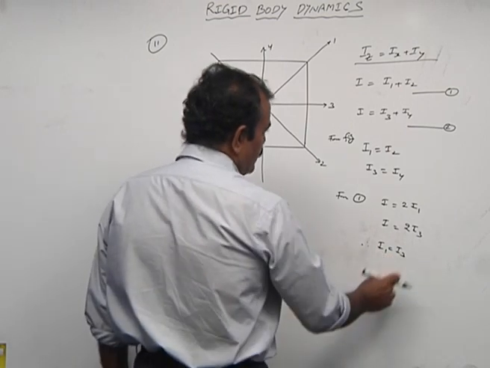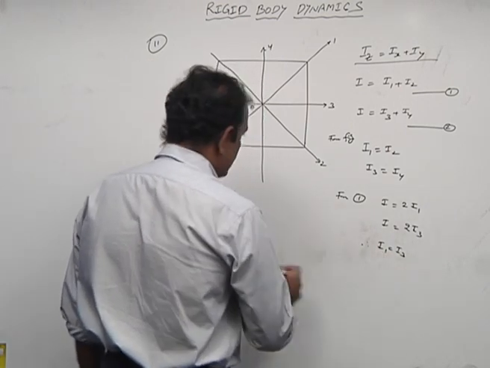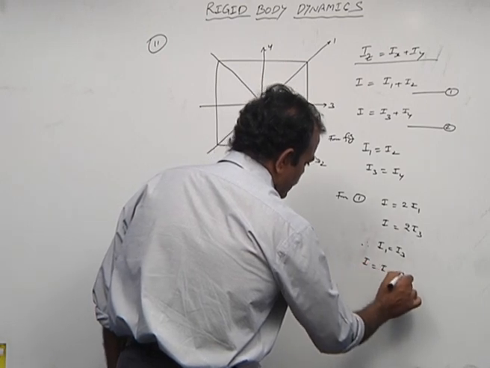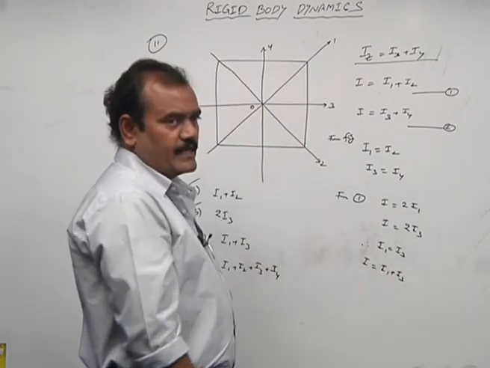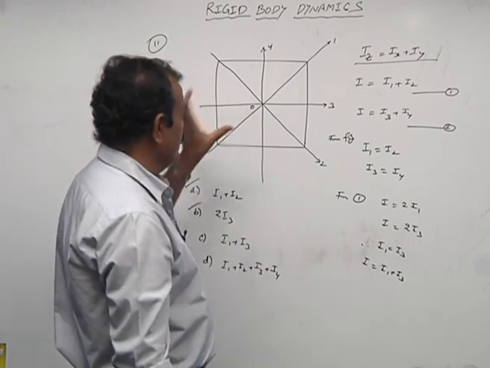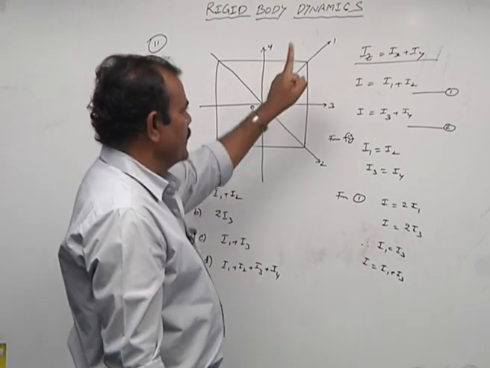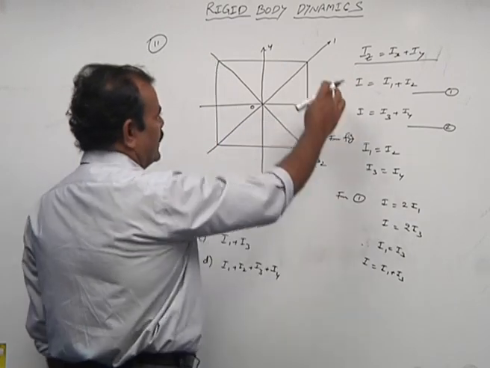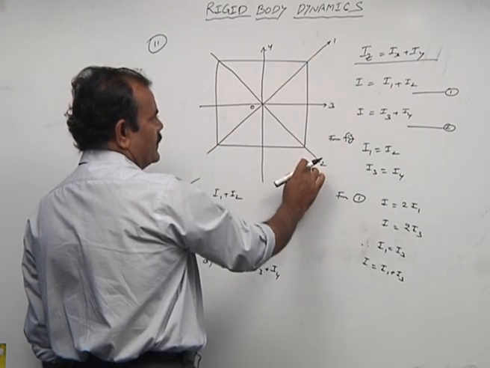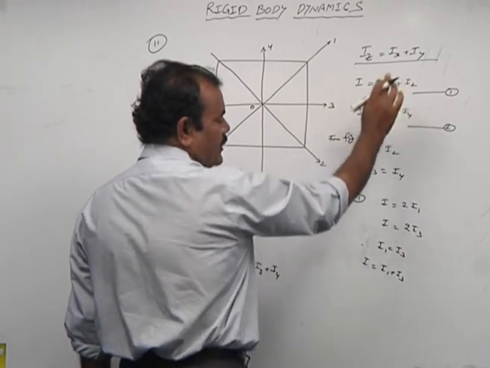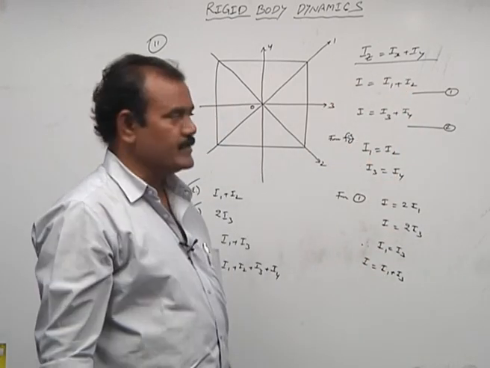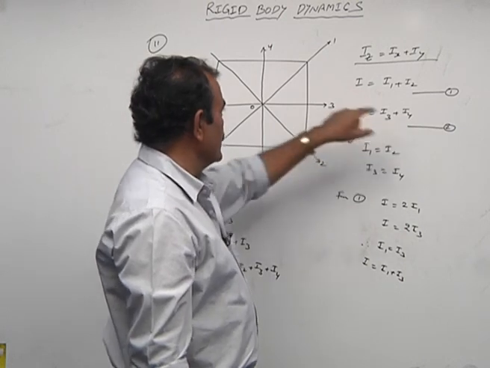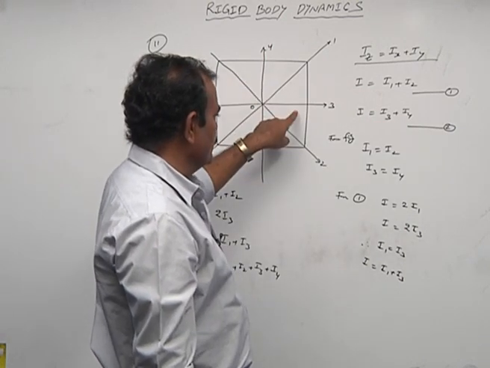Now I1 is equal to I3, and because of that, I is equal to I1 plus I3 comes here. Once again, this is the square frame, and we apply the perpendicular theorem. I1 and I2 are mutually perpendicular, so I is equal to I1 plus I2. Similarly, I is equal to I3 plus I4, because these are also mutually perpendicular.